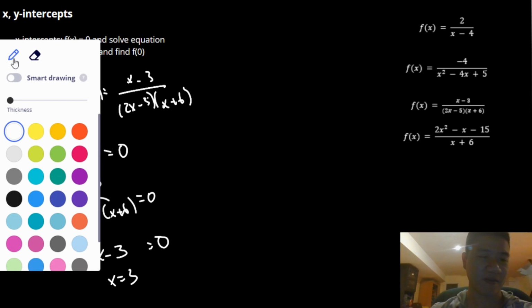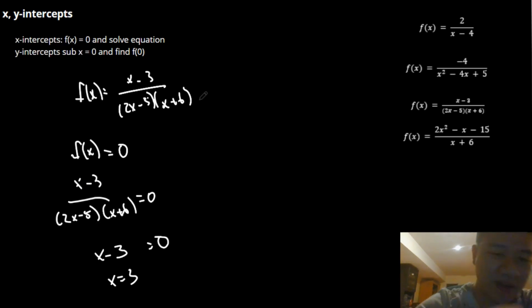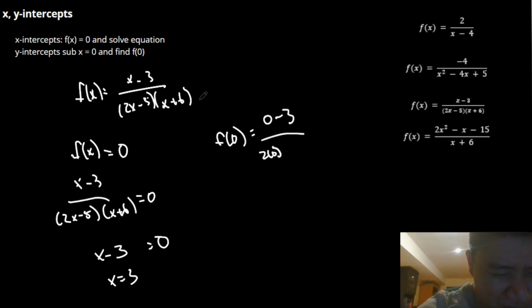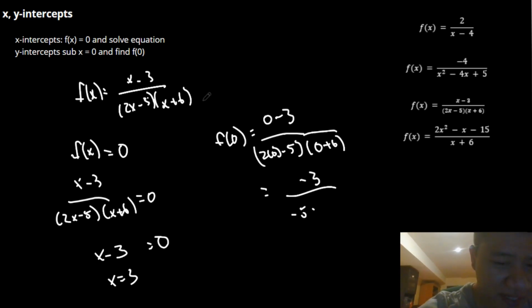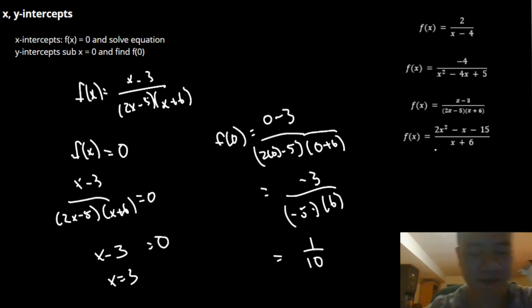We can do the same thing as before. f of 0 equals 0 minus 3 all over 2 times 0 minus 5, times 0 plus 6. The top you get negative 3. The bottom you get negative 5 times 6. And this works out to be 1 over 10.